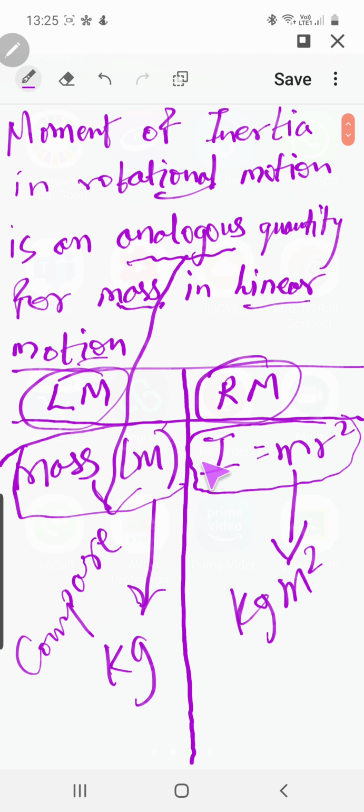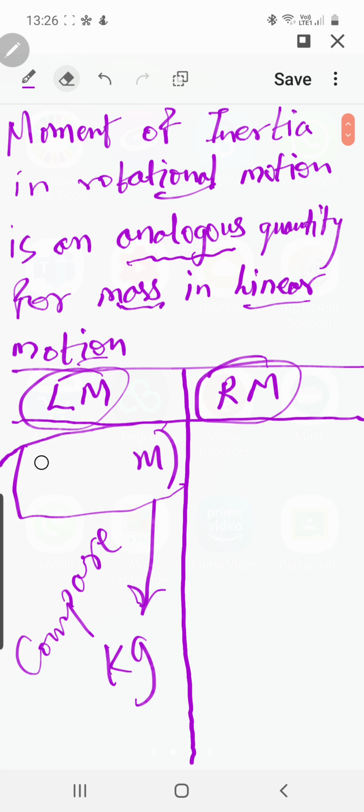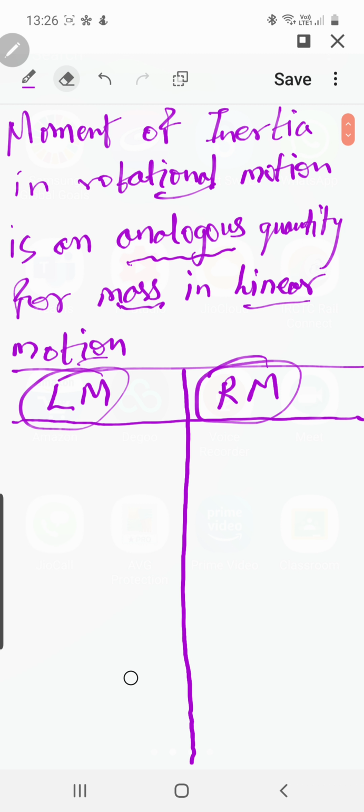Okay, so we'll take one example and you will try to understand it. Here Lm stands for linear motion and Rm stands for rotational motion.